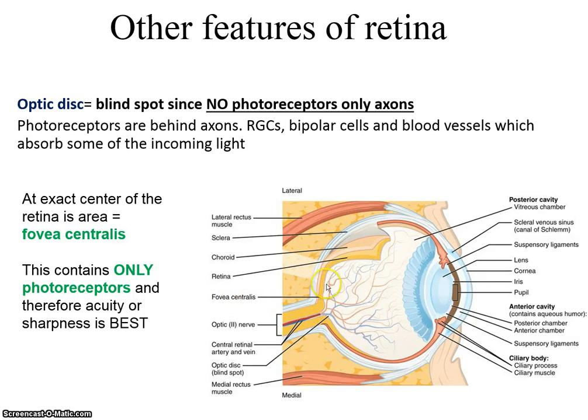We can actually see this on the real eyes, and we'll look at this on the slides. This area contains only photoreceptors, and so therefore it gives us the best or the sharpest vision. Okay, so light is being optimized by all these other structures so that the majority of it will strike right here. And again, remember, vision is our survival.